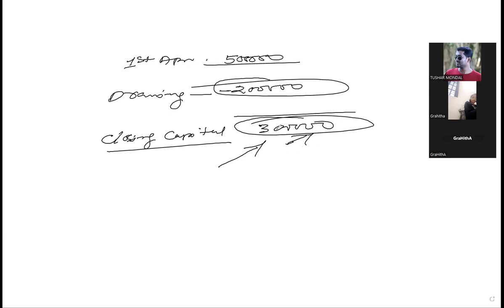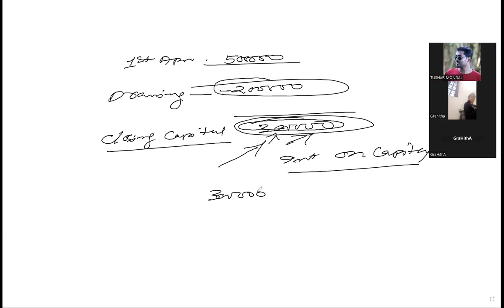Now, if the question asks for interest on capital, concentrate properly on this part. If interest on capital is charged on 3 lakh, that is your loss. Correct or not?